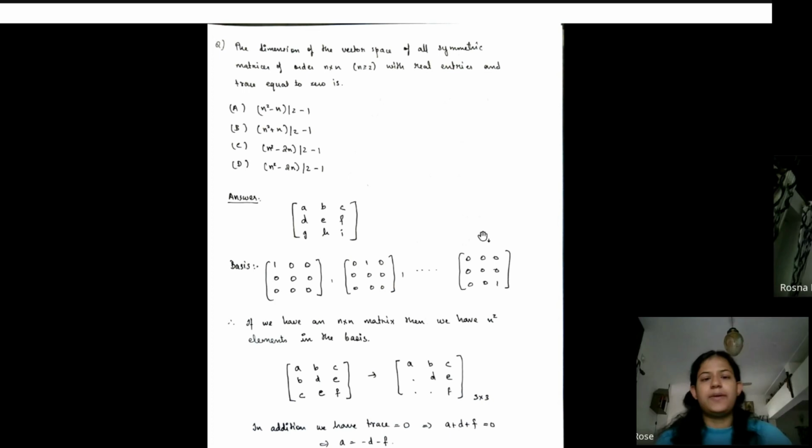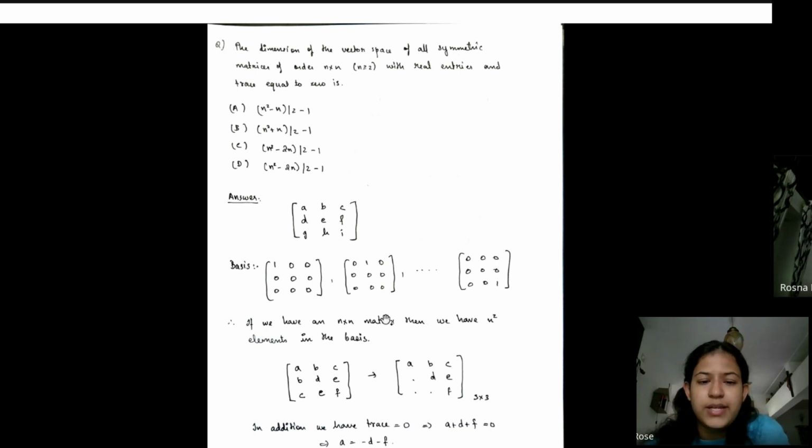Yes. Okay. So the answer is correct. So here, if you take symmetric matrices, for example, if you're taking some 3 by 3 matrix in general, then the basis of this space is nothing but 1 0 0, 0 1 0, 0 and so on. So you will have a basis containing n square elements.